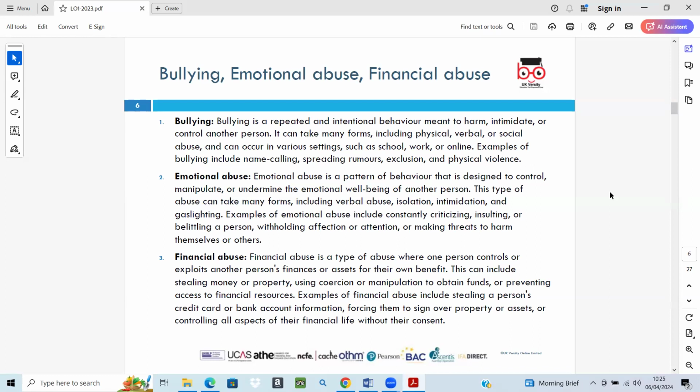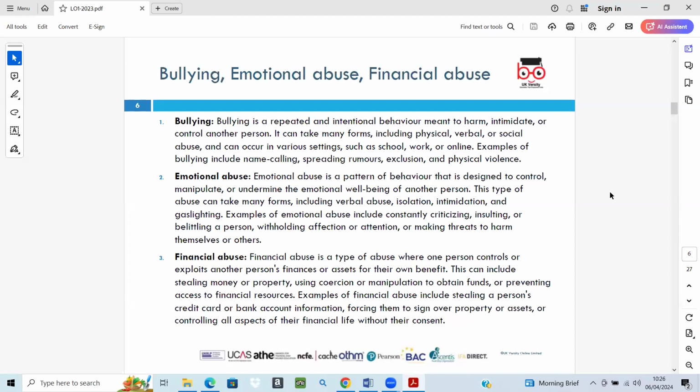Emotional abuse is causing emotional pain or distress through verbal or non-verbal acts such as insults, threats, or isolation. Financial abuse is misusing or controlling someone's money or assets without their consent or for personal gain.